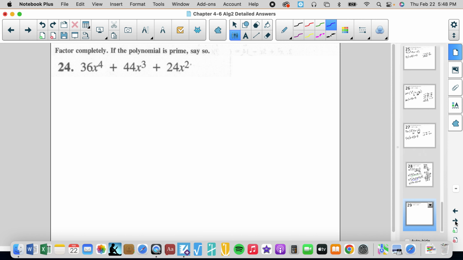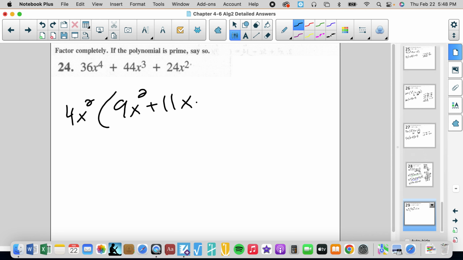Yes! We keep getting harder, more challenging. All right. We are going to see if there is a common factor. 4, 6, 4, 4x squared. That gives us 9x squared plus 11x plus 6. A times c.